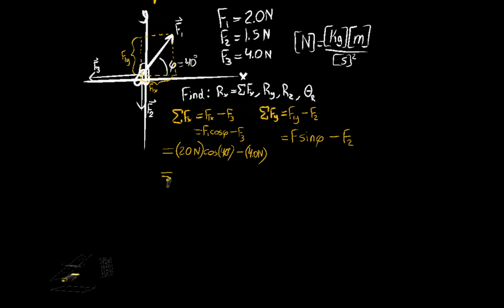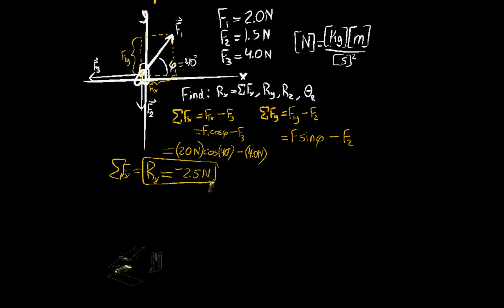And if you plug all of that in, then you get that Rx, which is equal to the sum of the forces in the x, is equal to minus 2.5 newtons. All right, so that was one of the answers we were wanting to come up with, so I'll box it in.